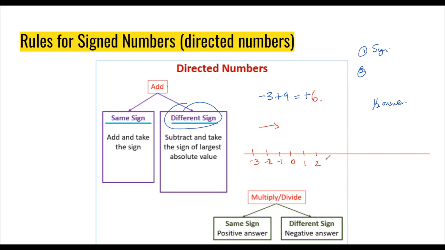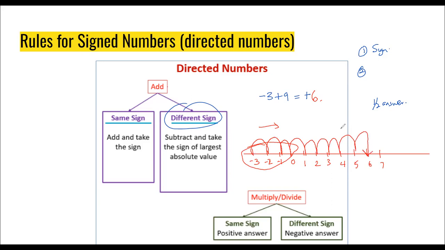Now, seeing that 9 is larger than 3, and I am at -3, and I'm going to add 9 to it, it means that I'm definitely going to come out of this negative area here. I'm going to come out of negative land, if you want to call it like that, because I'm going to have to jump 9 times this way. 1, 2, 3, 4, 5, 6, 7, 8, 9 times.